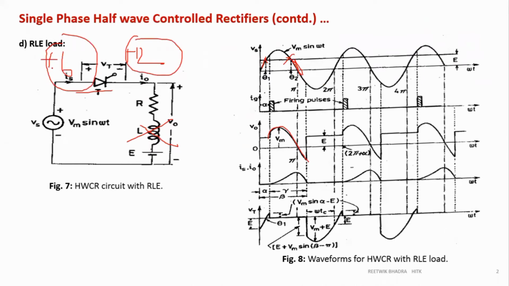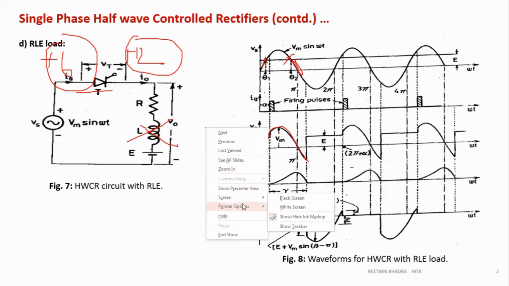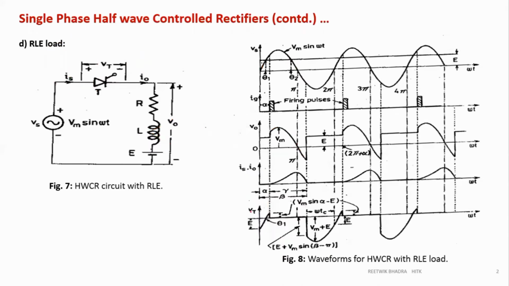So whenever Vs drops below E, my thyristor will automatically turn off if it is an RE load. But if it is an L load, it will continue operation because the inductor has to discharge. It will have some energy stored, so it has to discharge through the thyristor. So theta1 and theta2 will be my limits.